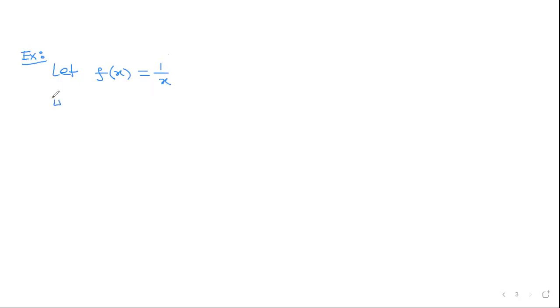So firstly note that f is defined on negative infinity to infinity, every real number except 0, so R minus 0. And also this is continuous. So this is defined on every real number except 0.